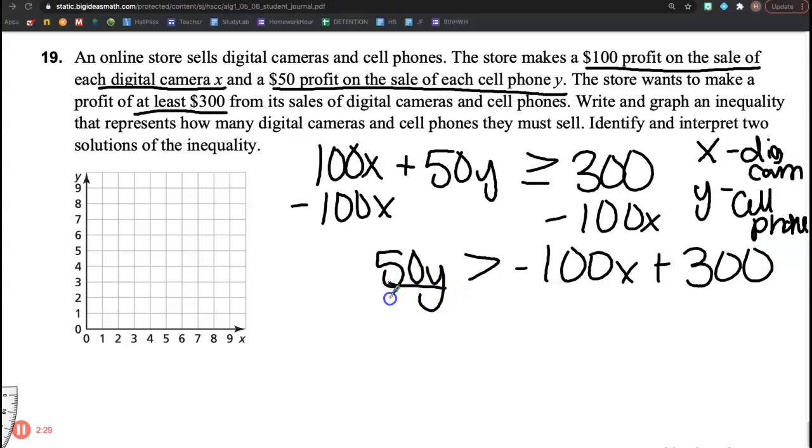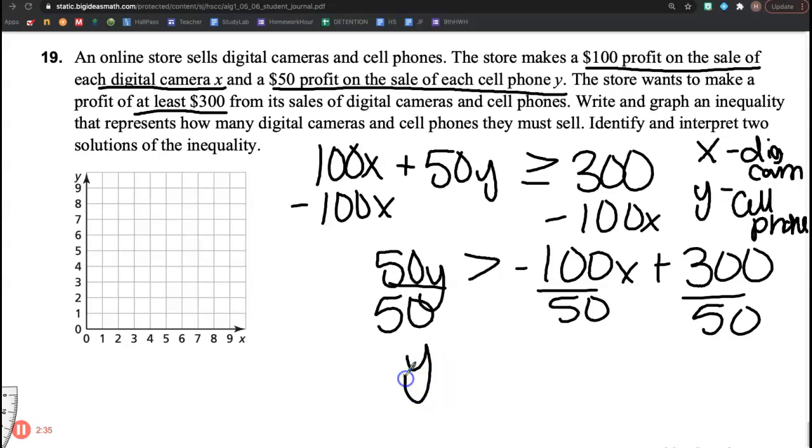Divide by 50. Good. Divide everything by 50. So what is my final expression? Negative 2x plus 6. Good.